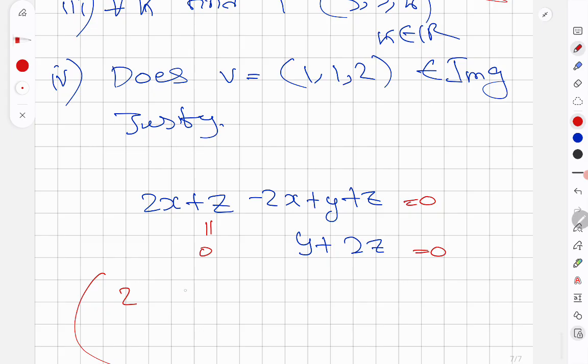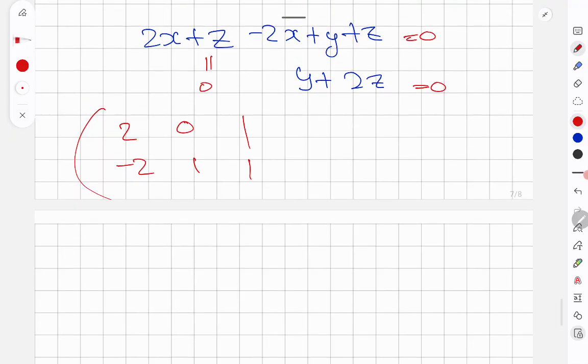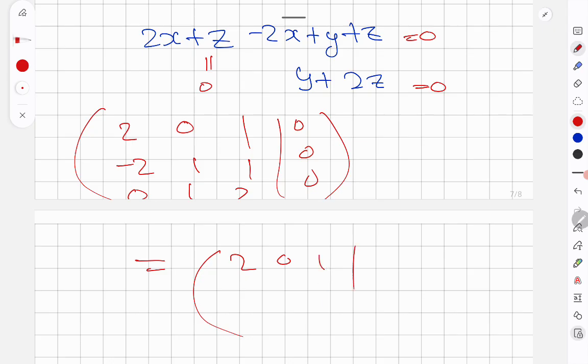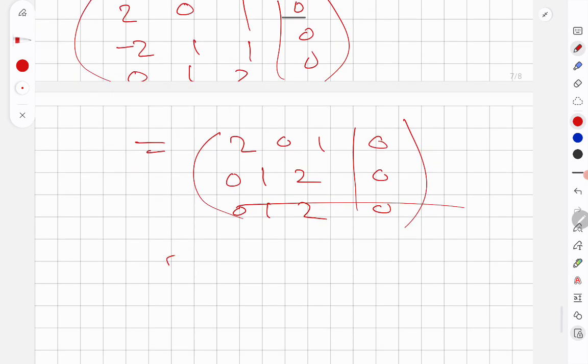Bring it to the matrix form: 2 0 1, -2 1 1, 0 1 2. I can remove this one, so it's 2 0 1, 0 1 2.